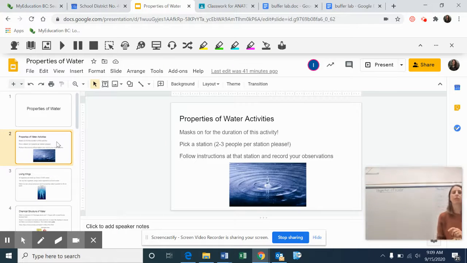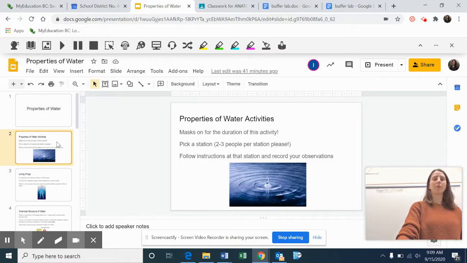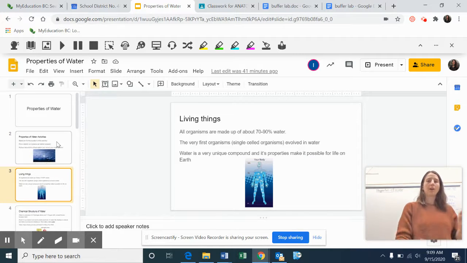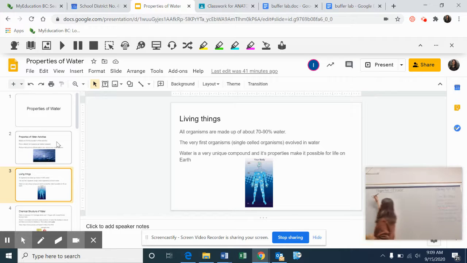Okay, so properties of water. So we did the lab activity yesterday, and we actually visually saw some of these properties that we're going to talk about. So all organisms are about 70 to 90% water.